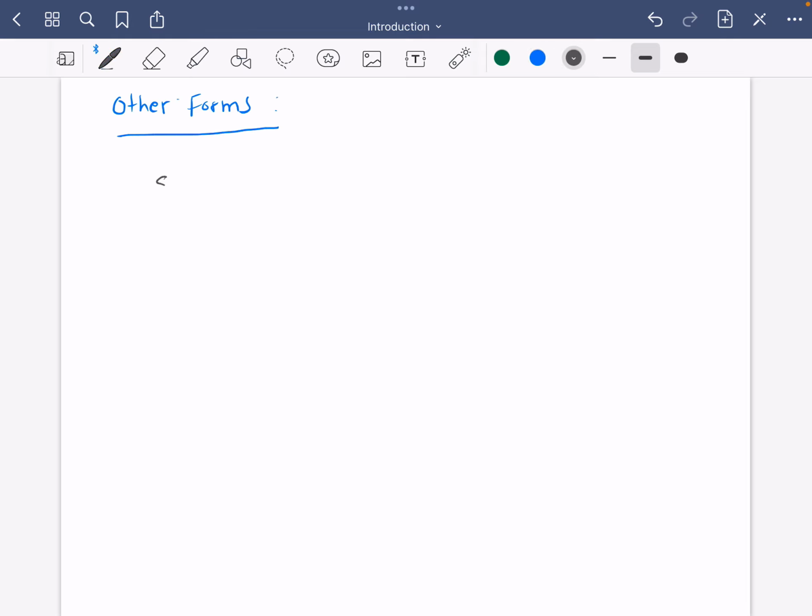So if the sum is n over 2 times (2a plus (n minus 1) times t), you can also write it as n over 2 times (a plus (a plus (n minus 1) times t)).